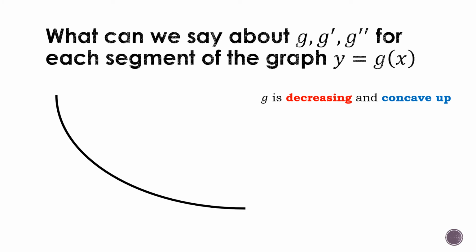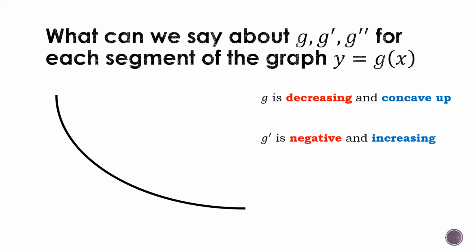So now let's talk about what's going to happen on the first derivative of this part of the graph. Because G is decreasing, we know that the first derivative will be negative, meaning below the x-axis. And because G is concave up, the first derivative is increasing.